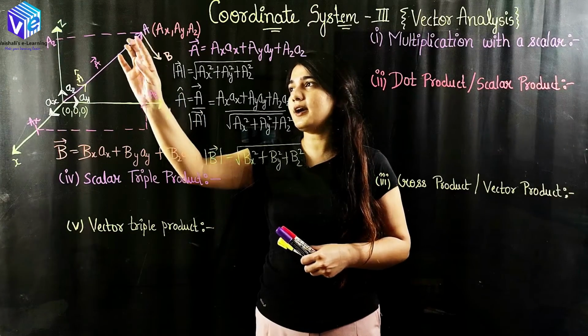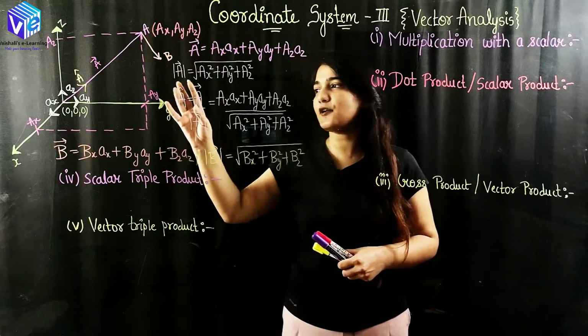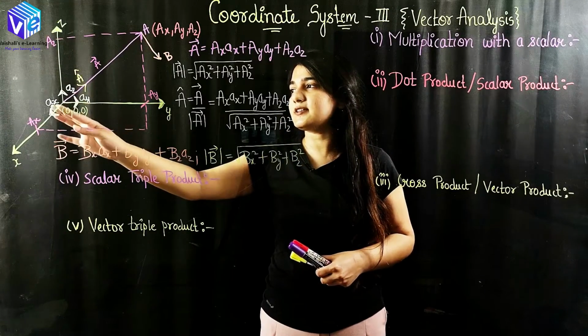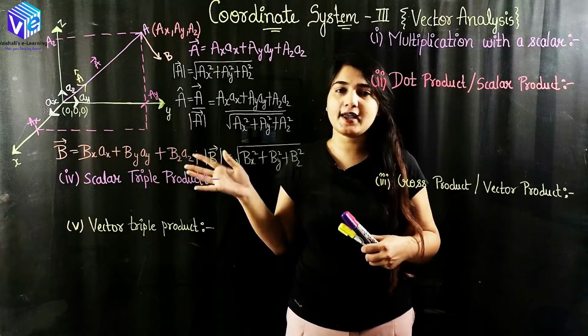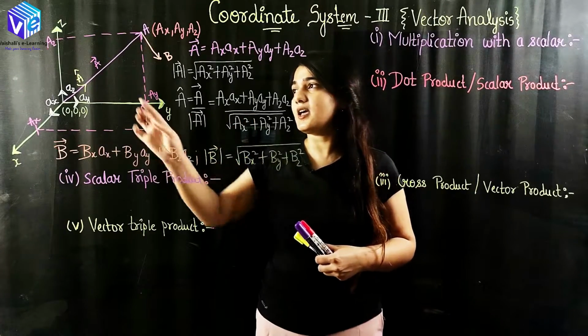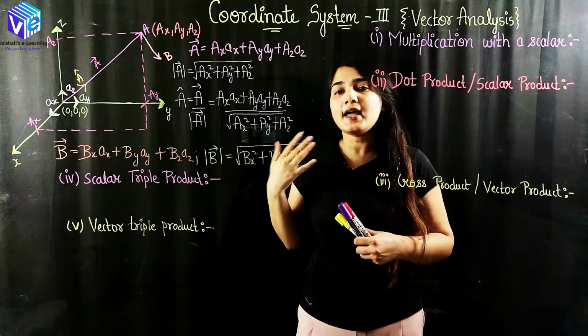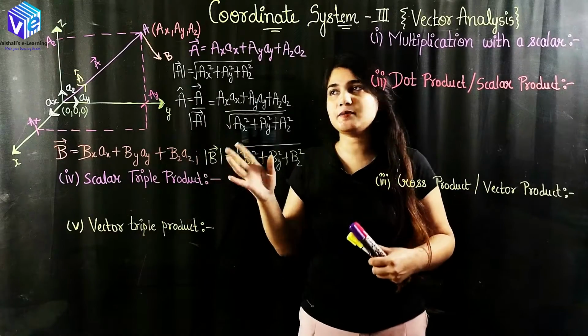Here I have the unit vectors ax, ay and az along the x, y and z axes. So this is the vector A and we have a unit vector along the A vector as well.